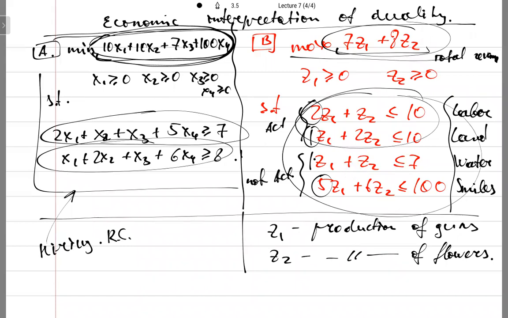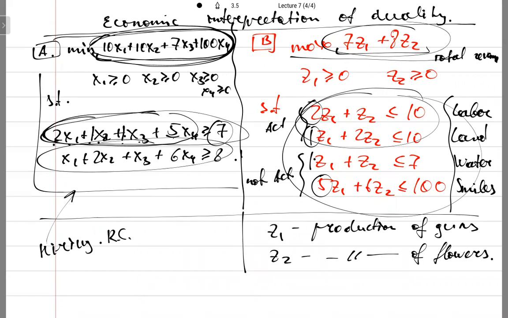For 2 units of labor, 1 unit of land, 1 liter of water, and 5 smiles, I pay him exactly 2x1, 1x2, 1x3, and 5x4. So he will agree if he receives from me not less than 7, because using the same resources, he can produce 1 gun and sell it for 7 rubles.